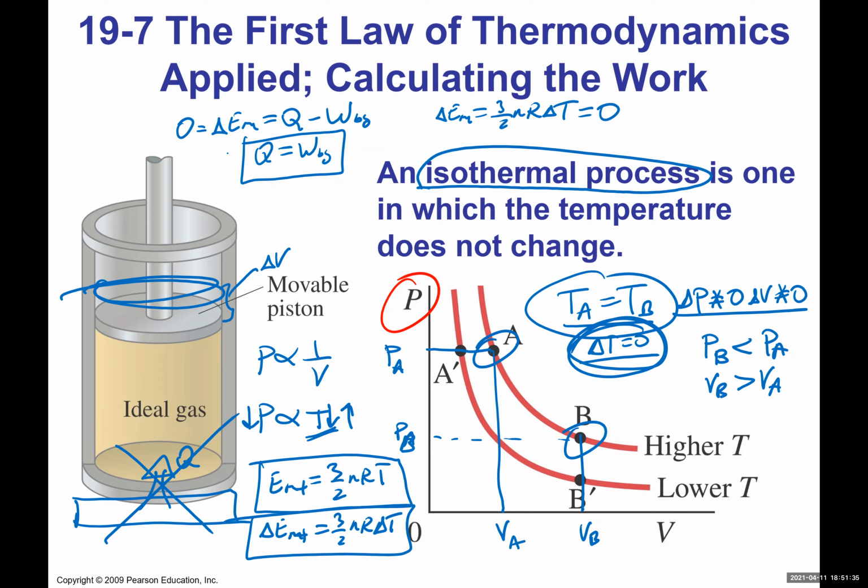How much energy you add as heat goes directly into doing work. And the internal energy of the system does not change because there is no change in temperature. That is an important outcome of the isothermal process: change in internal energy is zero, so the amount of heat transfer is equal to the amount of work done by the gas.